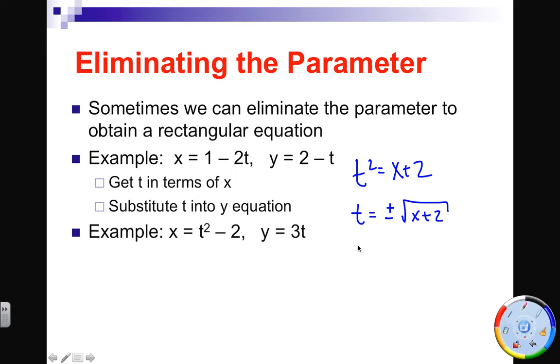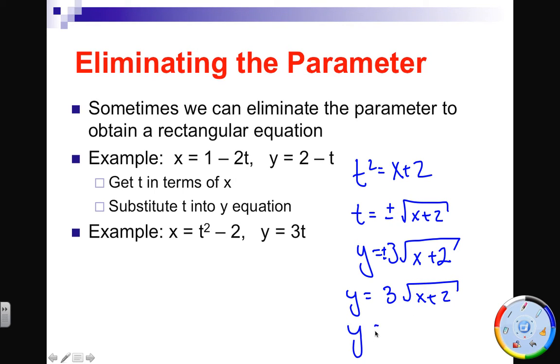And I get y equals plus or minus 3 times the square root of x plus 2, because that's t, which technically means it's two equations, 3 times radical x plus 2 and -3 times radical x plus 2. And if you recall, that's the one we did a little bit ago.